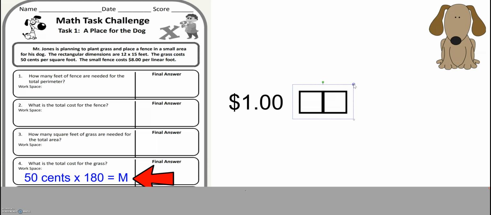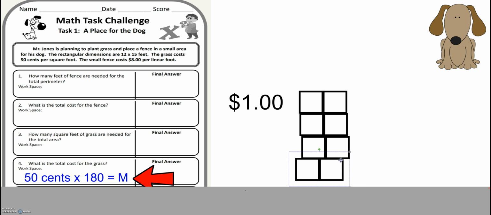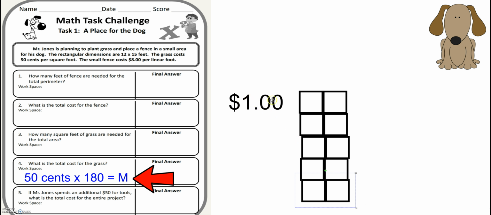So if I spend $2, I'll have 4 square feet of grass. $3, 6 square feet. $4, 8 square feet of grass. $5, 10 square feet of grass. So every time I spend $1, I'm getting 2 of these square feet.